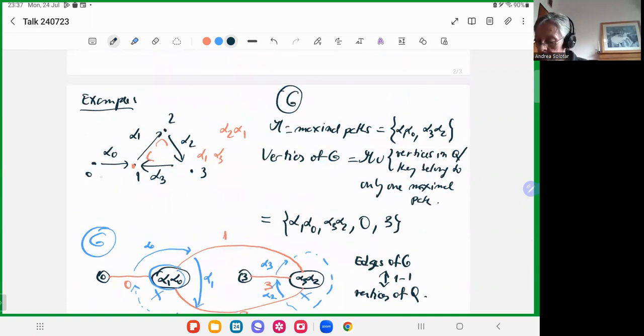Here, of course, each vertex is parallel to itself, each arrow is parallel to itself, but for example, here, in the graph, the composition of first alpha 1, then alpha 2, and then alpha 3 is going to be parallel to this vertex, okay?